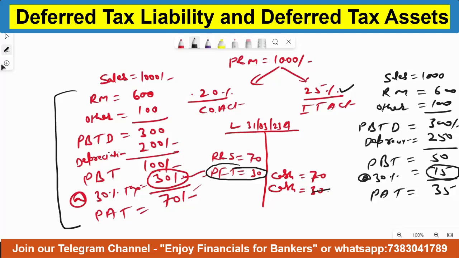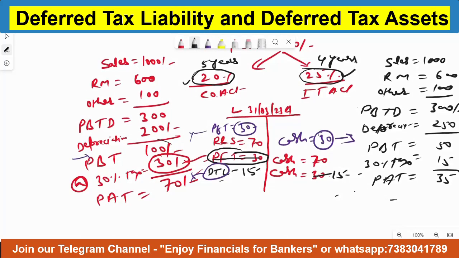The company will pay 15 rupees from here, and the remaining 15 rupees it will show in cash or in another form of assets, and from the liability side 15 rupees will be reduced, and they will not show provision for tax now, they will show deferred tax liability as 15 rupees.